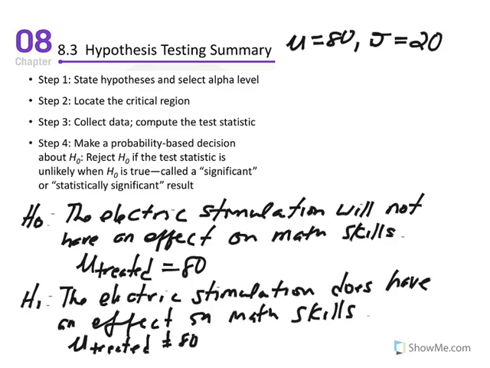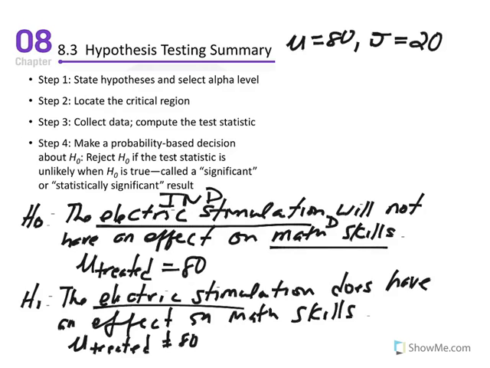But again, make sure that you have developed the ability to state the research and null hypothesis. What may help you is first identify the independent variable. What is it that we're manipulating? It is administration of this electric stimulation. That's the independent variable. And what do we anticipate it will have an effect on? Math skills. So the math skills is the dependent variable.